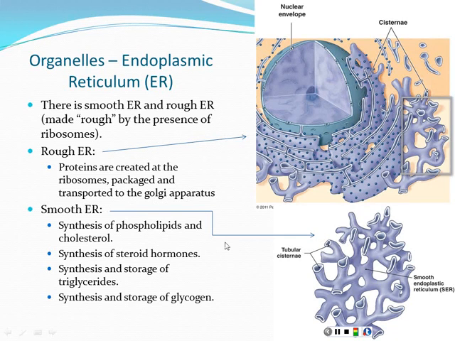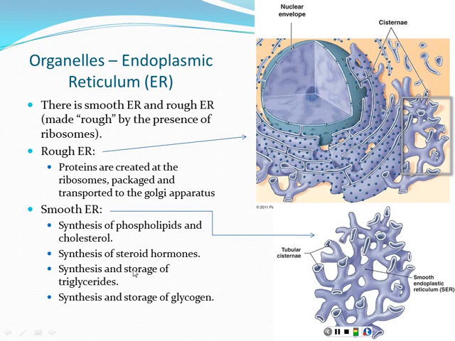So no ribosomes means no protein synthesis. So the smooth ER is still the site of production of lots of things, but not proteins. So you can kind of think everything but proteins happens in the smooth ER. So we have our phospholipids and cholesterol that are part of the cell membrane. We have steroid hormones, which are important chemical messengers.